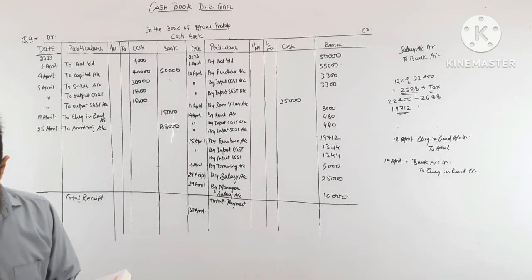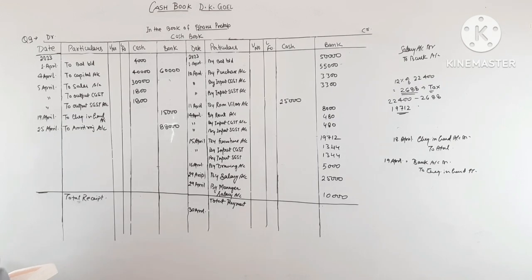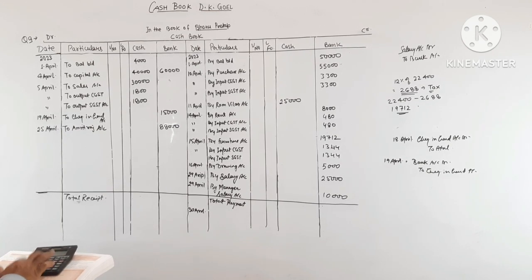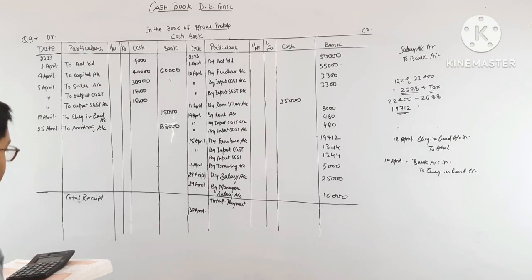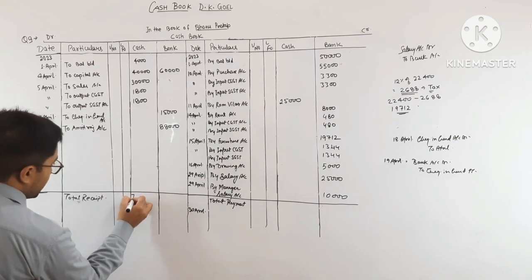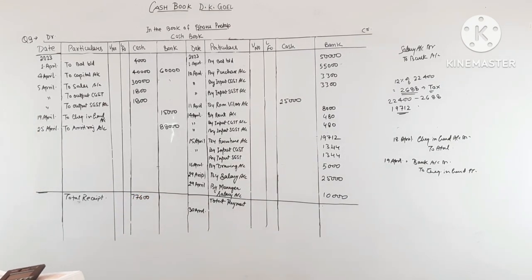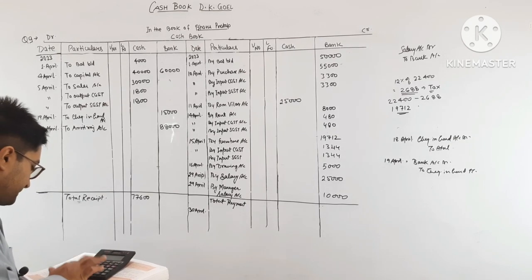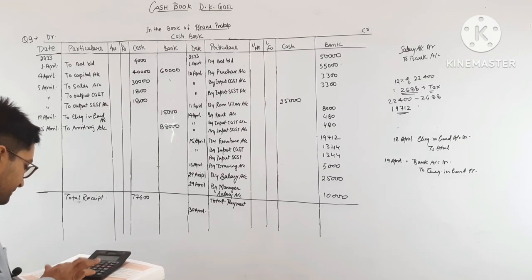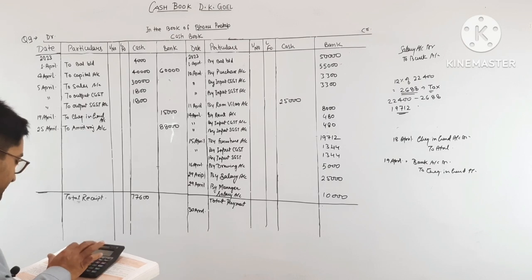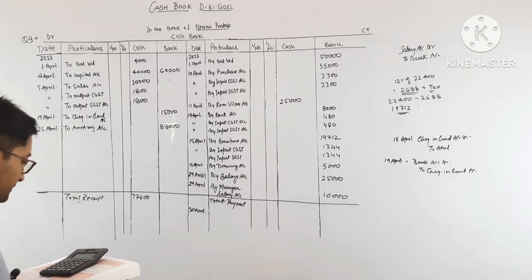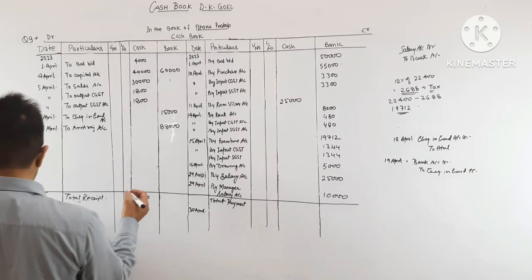Clear? So let's calculate this. 44,000 plus 30,000, 77,600, and 60,000, 15,000, 88,000, 1,63,000.